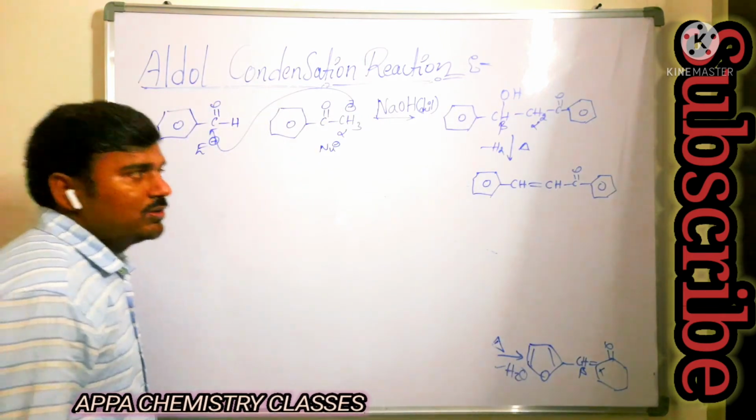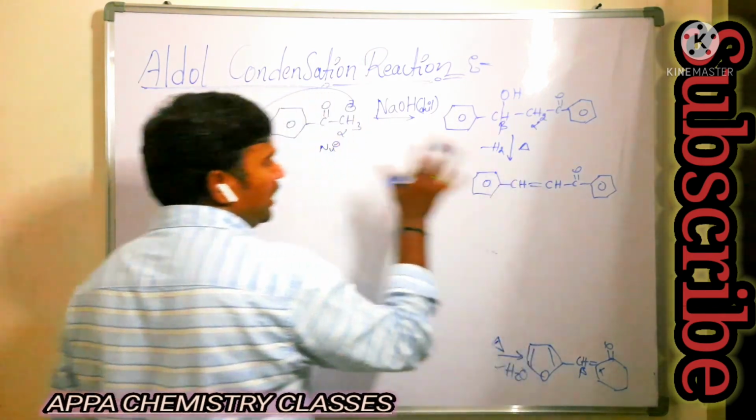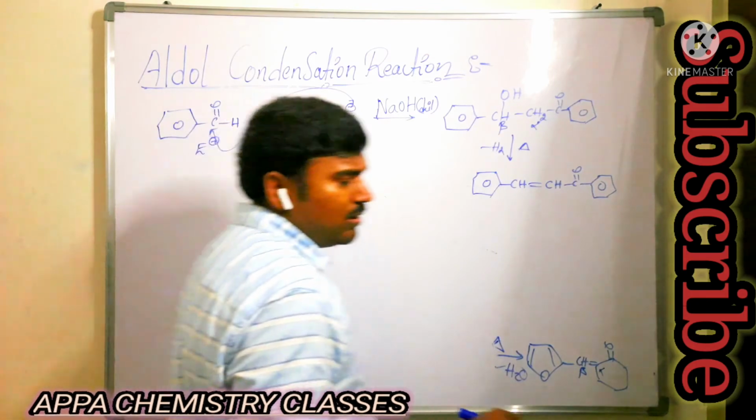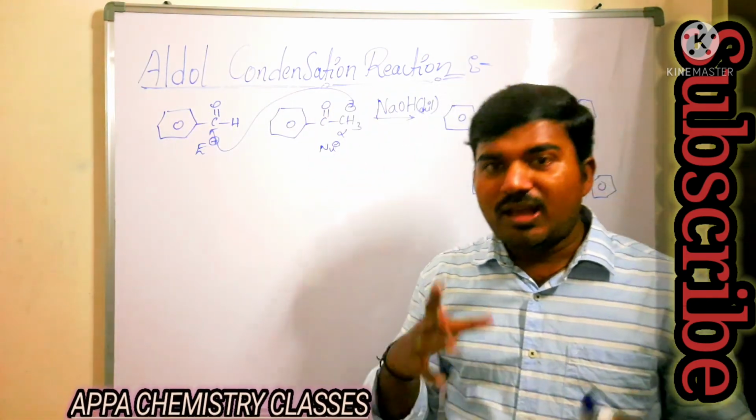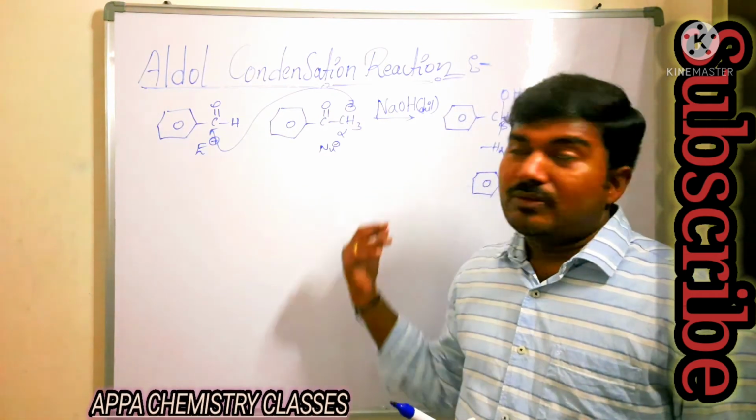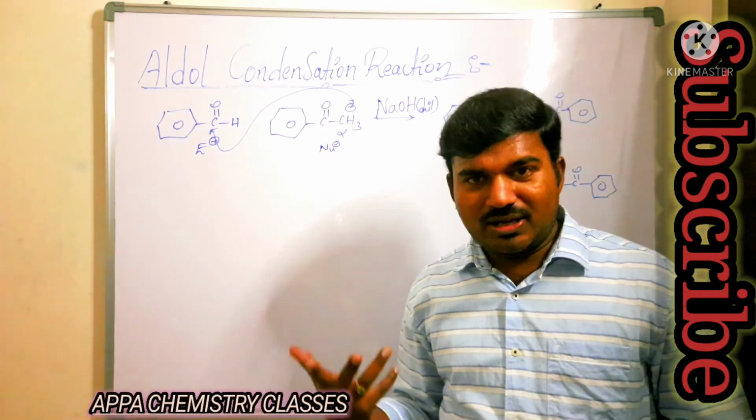So this is the main compound we are getting as the condensation product. Now these are the different examples we have discussed. I think you have got the complete information about aldol condensation.